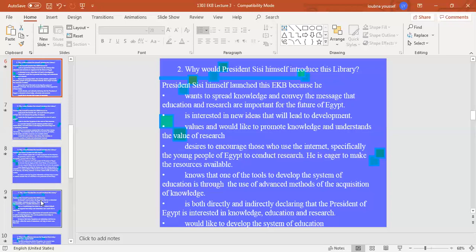President Sisi himself launched this EKB because he knows that one of the tools to develop the system of education is through the use of advanced methods of the acquisition of knowledge. Now, in order to acquire knowledge, in the past, we only had books or journals to read.